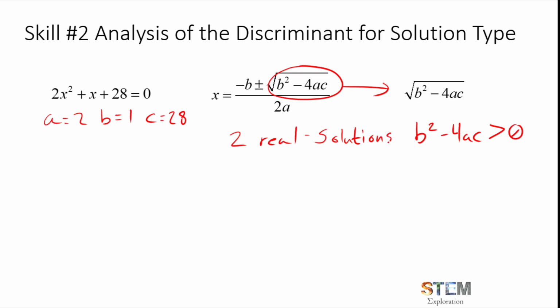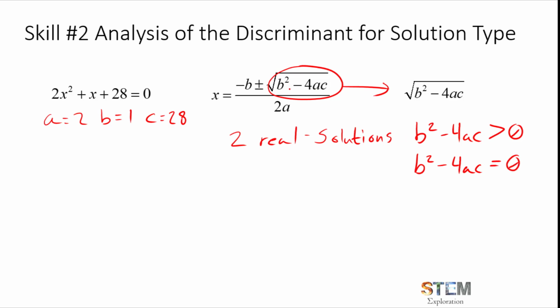What I mean by that is that if you graph it, it will cross the x-axis twice. Another circumstance that you can have is b squared minus 4ac is equal to 0.